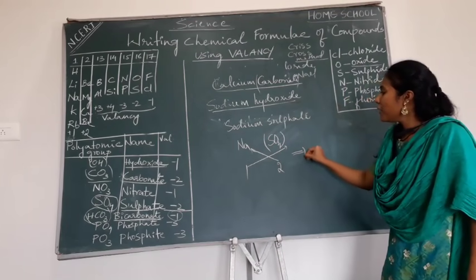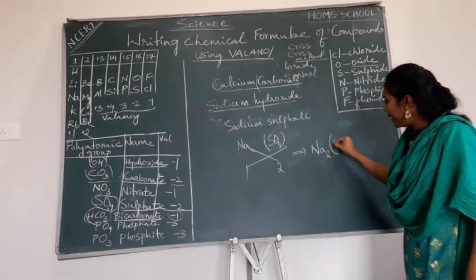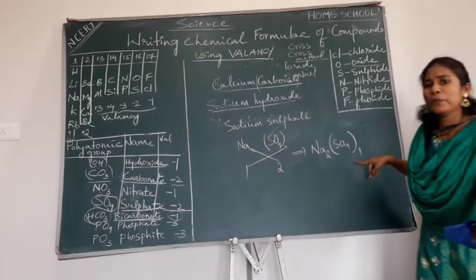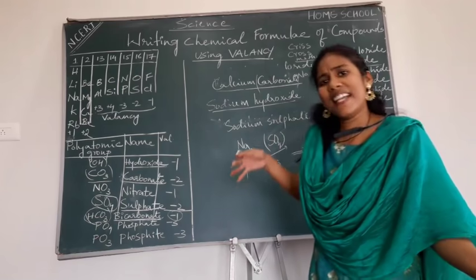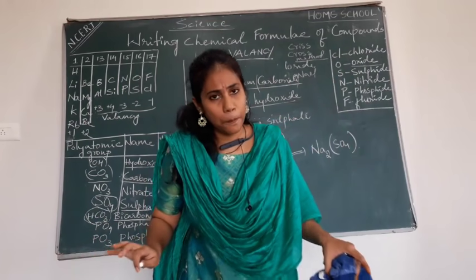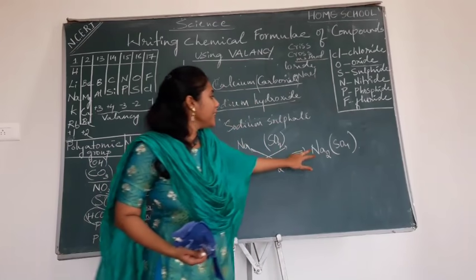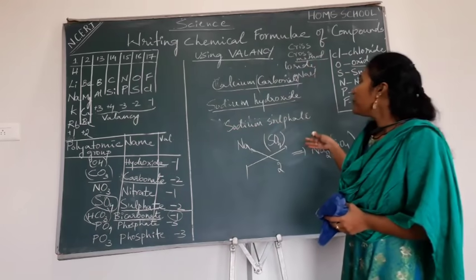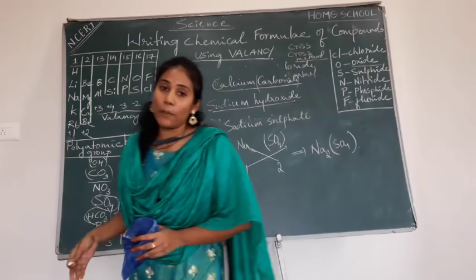So how do you write the formula? Na2 bracket SO4 1. If you mention 1 or don't mention, nothing will happen. So don't mention 1. If nothing is there, it is understood that there is 1 always. Yeah guys? So this is the sodium sulfate formula. Na2SO4. Okay?